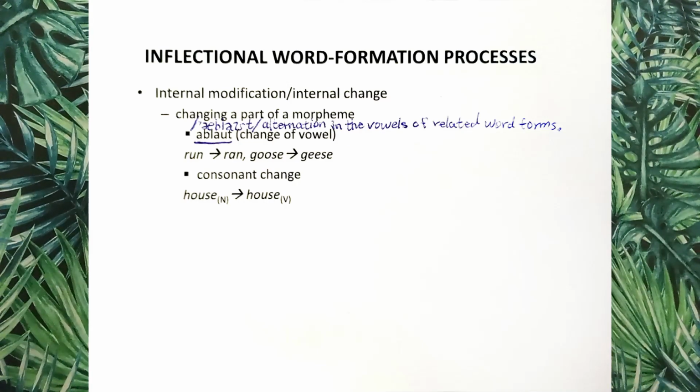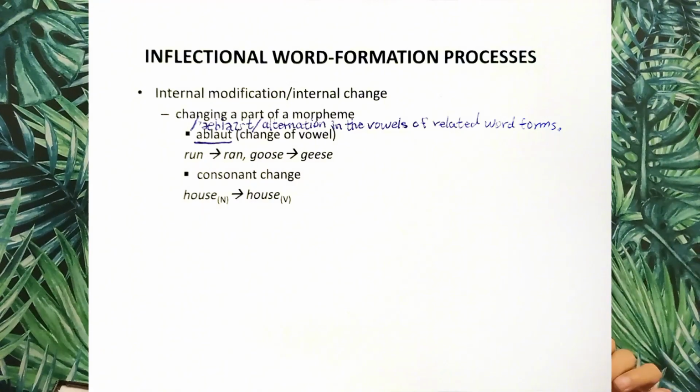And the second word, let's take goose. So goose to geese, so we change the vowel from oo to ee, from goose to geese. The second part of internal modification of forming a word is consonant change. We can take the word house to house, right? So house is a noun and house is a verb.